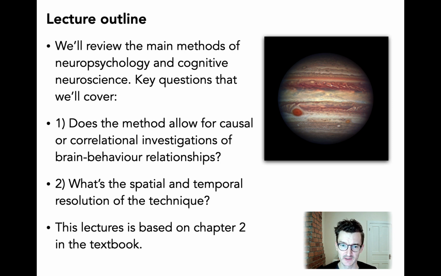And the second thing you want to think about is the spatial and temporal resolution of the technique. So spatial resolution refers to the ability of the technique to resolve fine details in the brain.